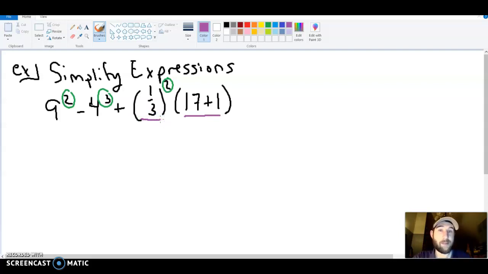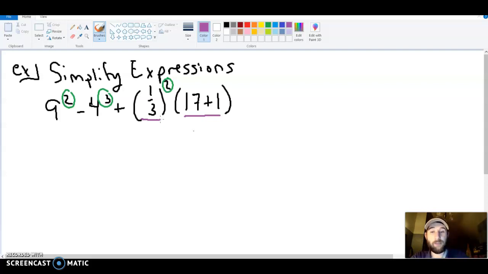Well, the 1 divided by 3, that doesn't simplify except for a repeating decimal, and we don't want to have repeating decimals because I can't write that. I don't have enough space. The 17 plus 1, we can do that first before our exponents. It just doesn't happen to change our answer whether we do the exponents first or our 17 plus 1 first because they're not interacting with one another yet. So let's go and do that 17 plus 1 first.